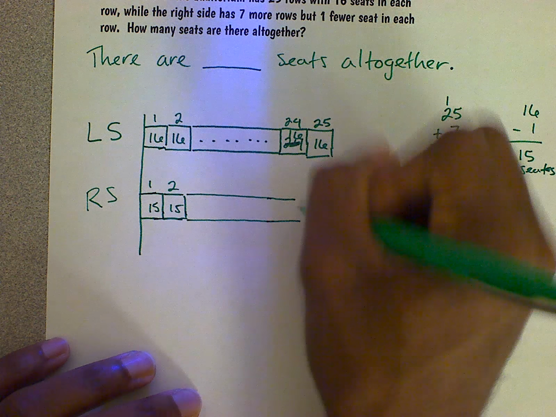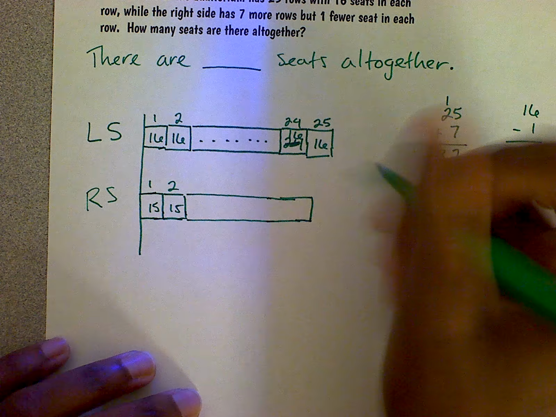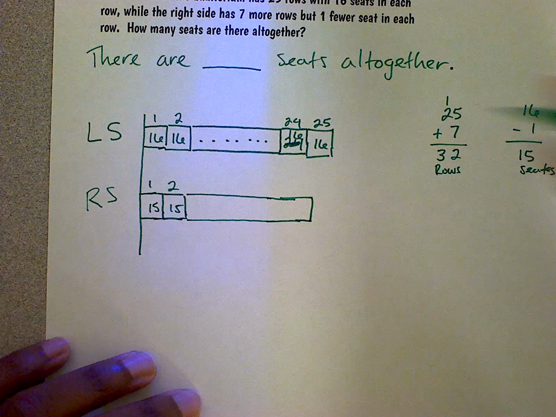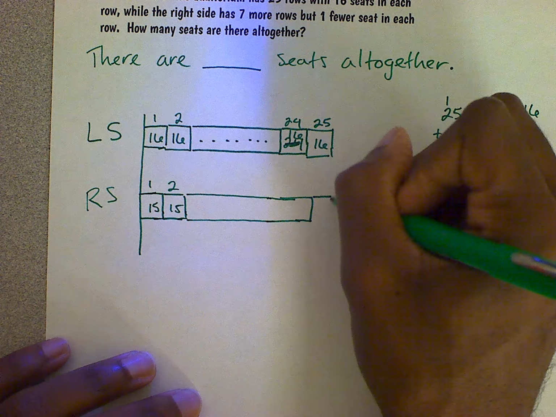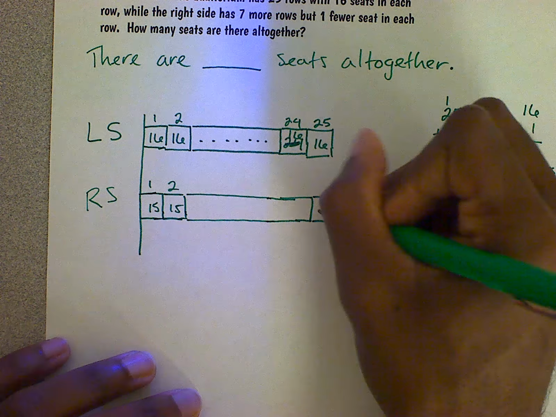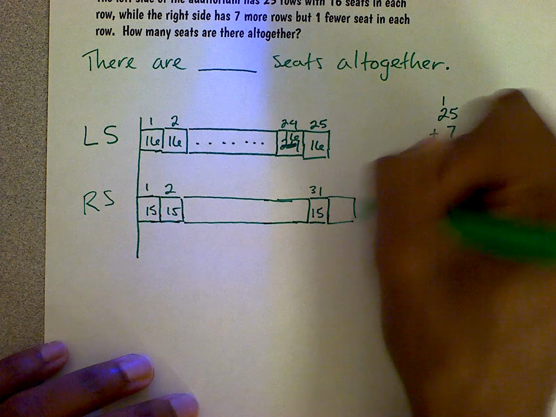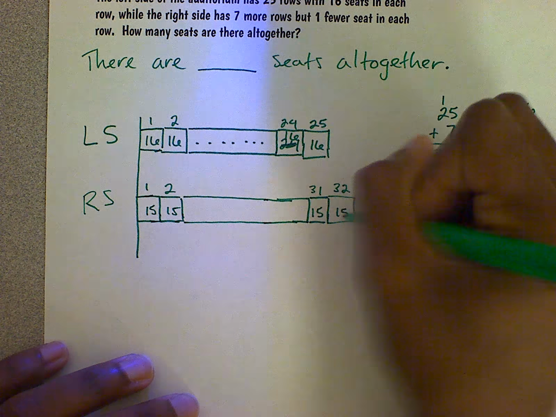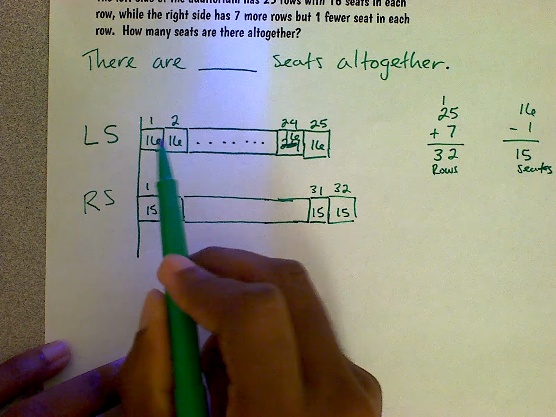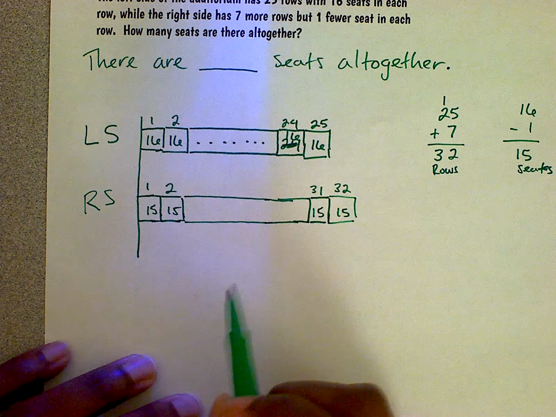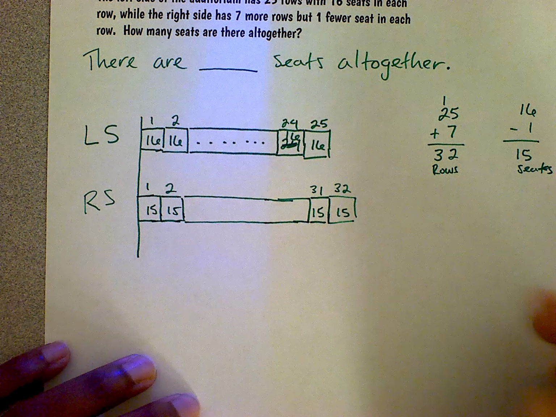Make it a little bit longer because it's going to surpass 25. And we're going to jump ahead here to number 31 and then 32. Okay. So now I'm looking at 25 groups of 16 and 32 groups of 15.